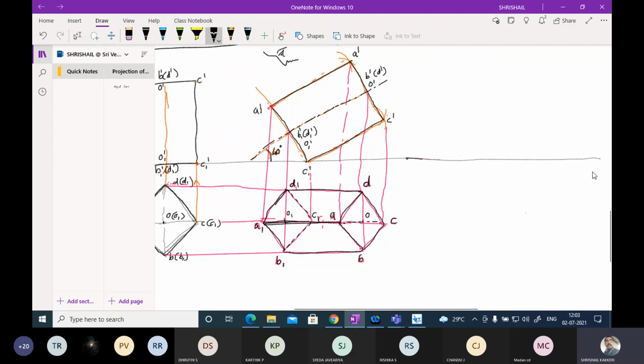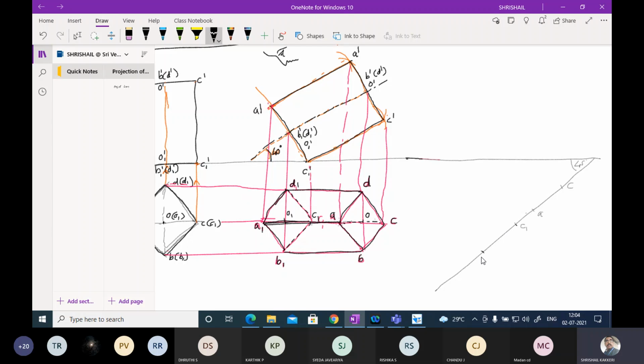Please carefully understand. Now what I'm doing is, I'm taking a line at an angle of 45 degree. I am telling you a very simple method. Mark the point C here and mark the point A here, and measure A to C. Mark over here C1, and measure this length C1A1, that will be equal to CA.